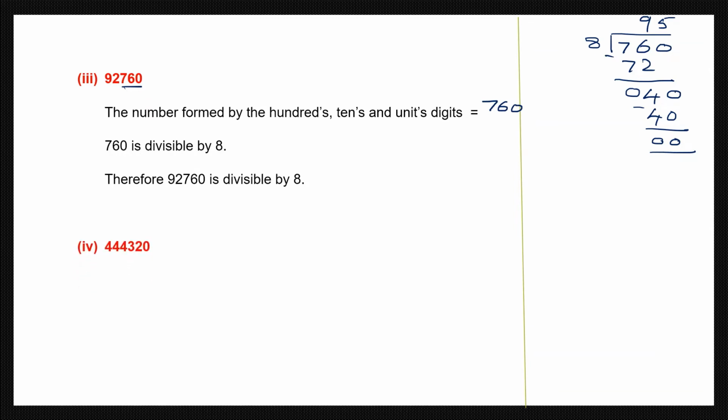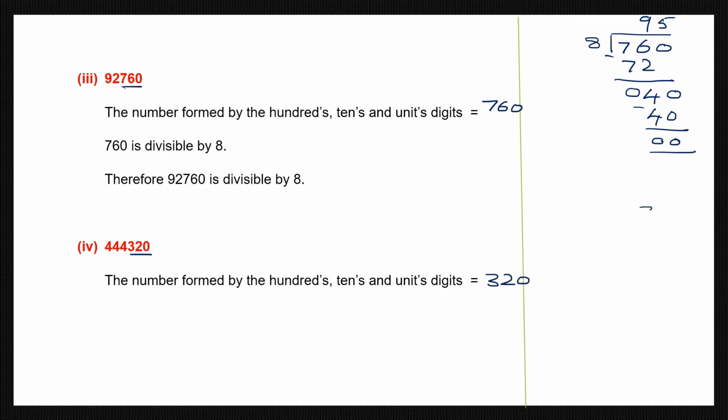Question 4. 4,44,320. Now it's a large number. If you have to do the long division, it will take a long time. So we can just check the last 3 digits. The number formed by the hundreds, tens, and units digit is 320.